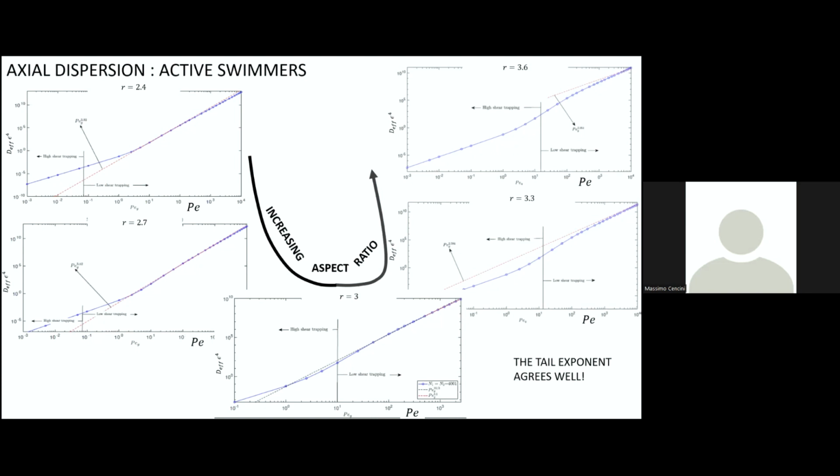And the second question is, since you have this aspect ratio dependence on the diffusion coefficients, I was thinking if you can imagine using a pipe flow to do a sort of separation or selection of swimmers with different aspect ratio.